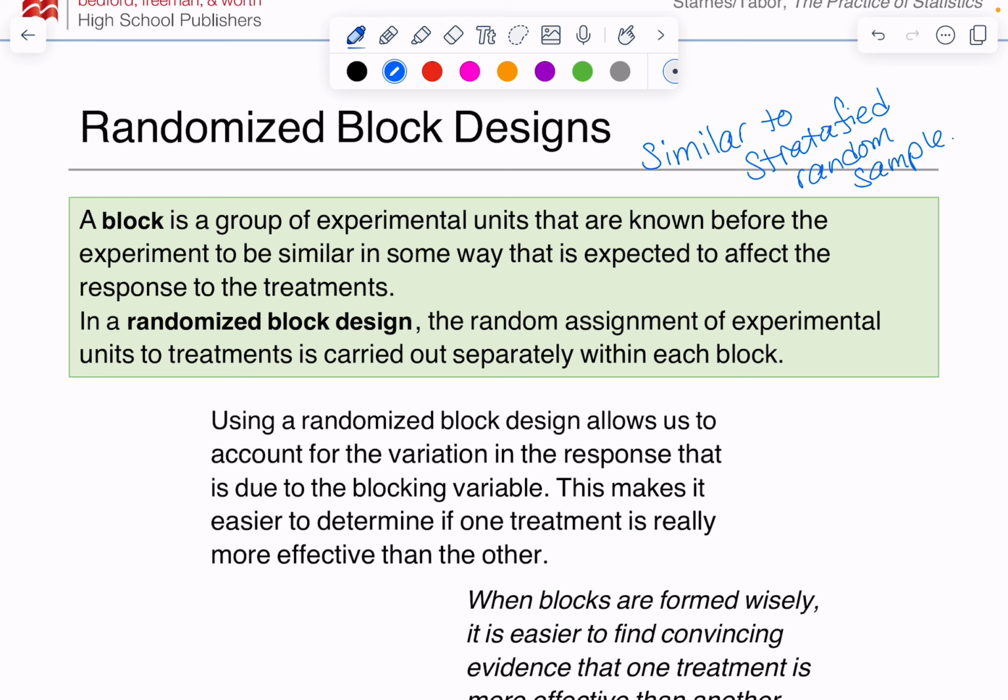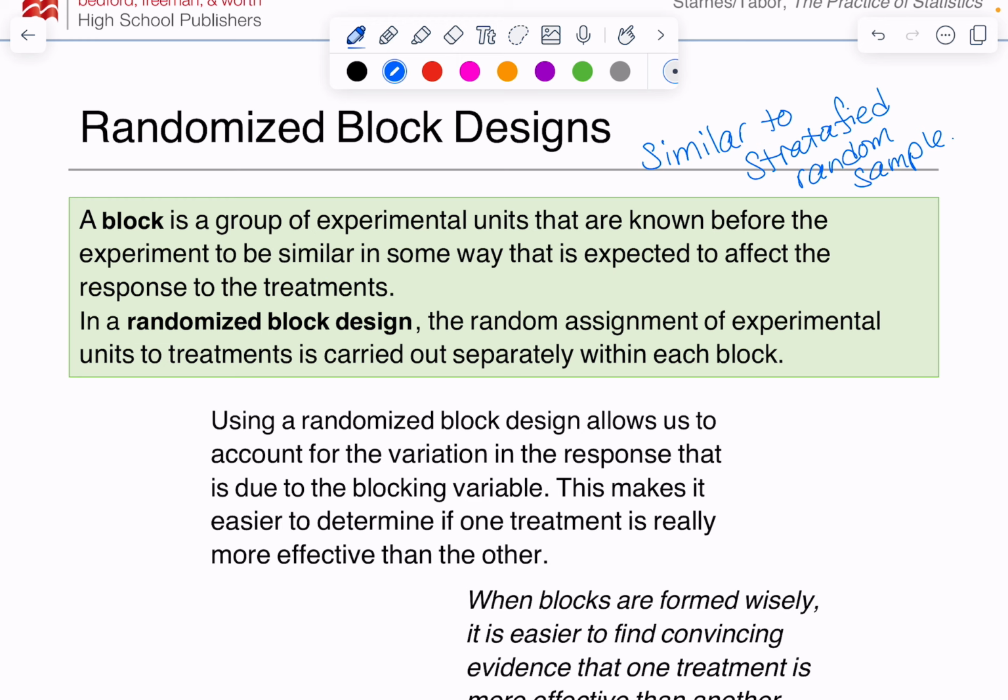So, for example, there are some pharmaceuticals out there that respond differently based on gender or based on race. So let's say it responds differently in guys versus girls.